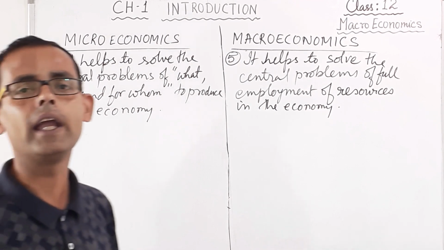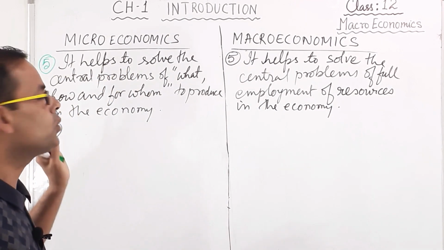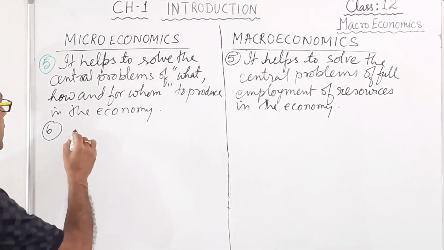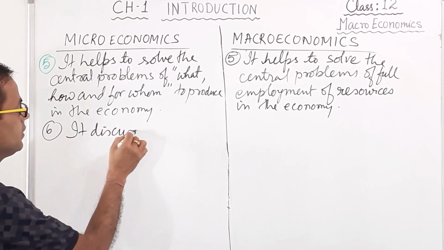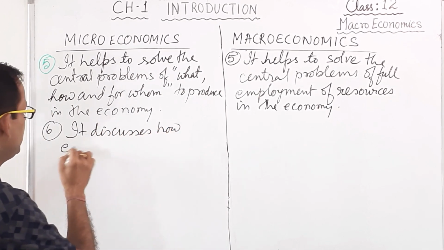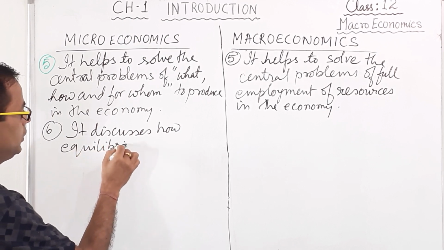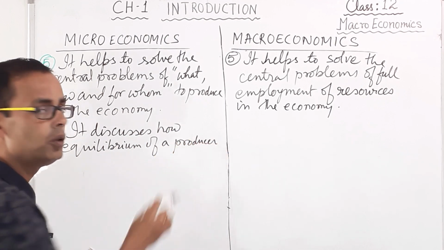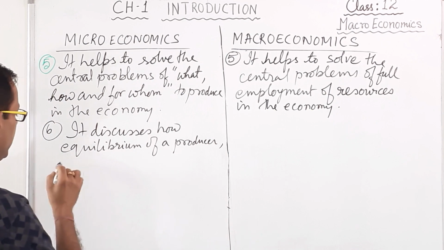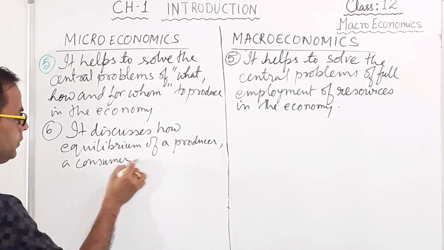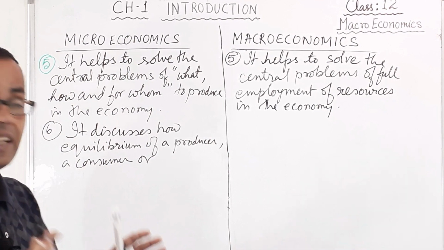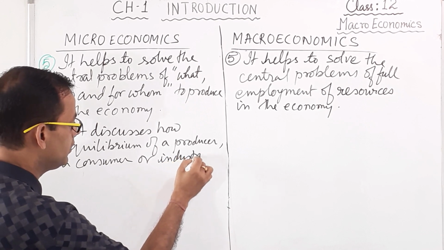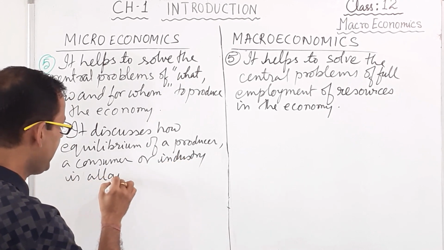Many points are there. Now the next one is what? It discusses how equilibrium of a producer, a consumer, or you can say an industry is attained, or you can say achieved also.